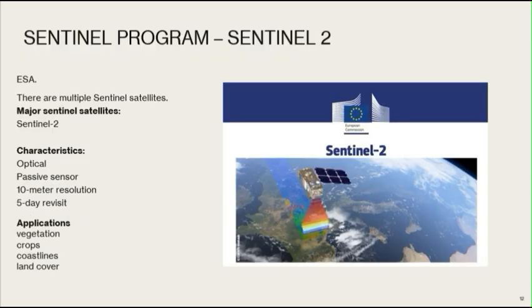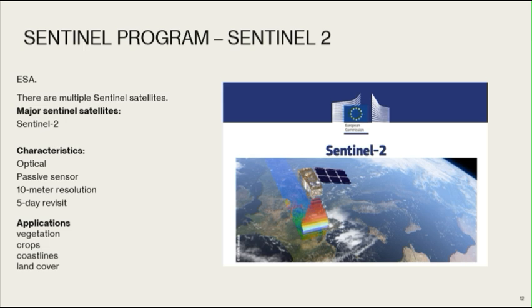The next satellite program is the Sentinel program. Sentinel-2 is what we're going to be looking at, and it's the world's most widely used Earth observation program. It's the Copernicus Sentinel program, developed by the European Space Agency, the ESA. There are multiple Sentinel satellites, and the one we're going to discuss in today's lecture is Sentinel-2.